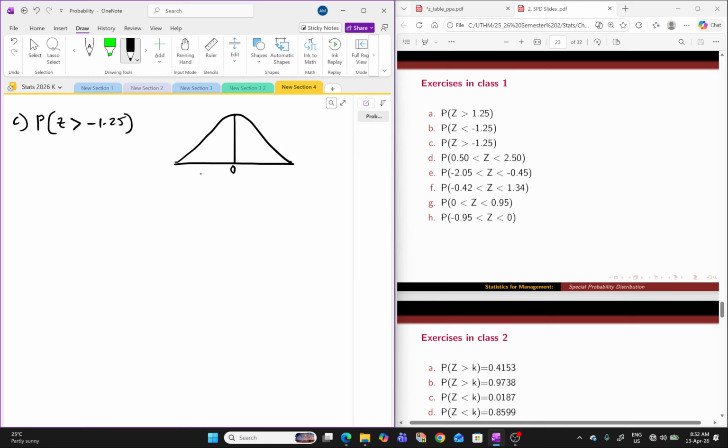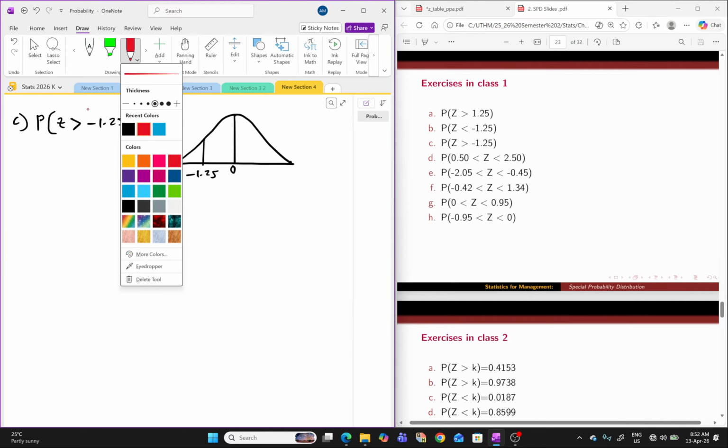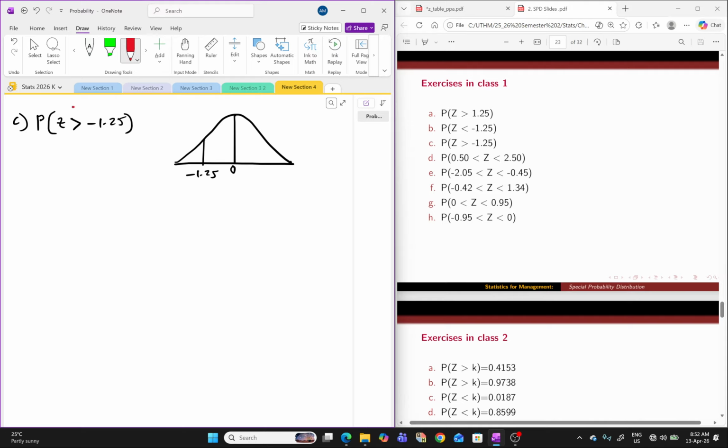Now, negative 1.25. So, where should I put negative 1.25? It's somewhere here. And where is the shaded part? On the right hand side, you shade here. Did you shade here? Okay.